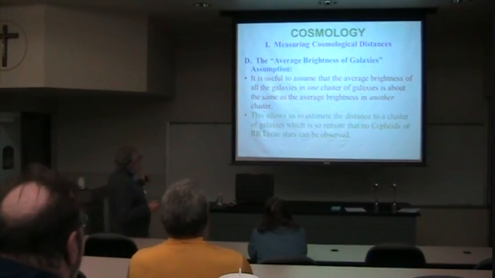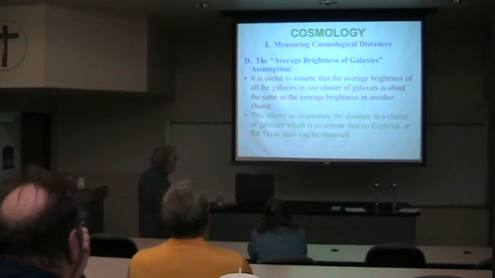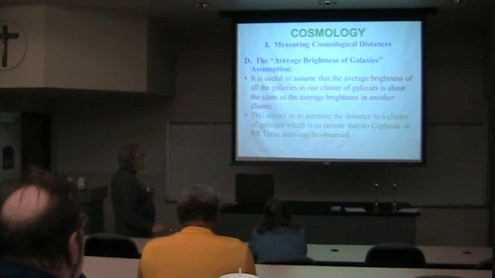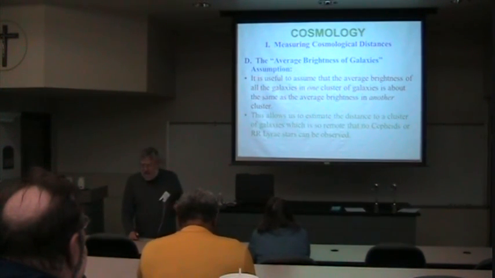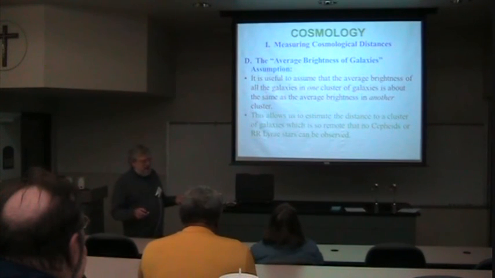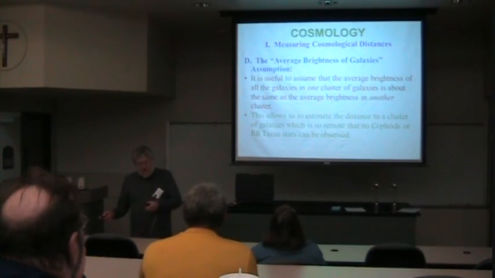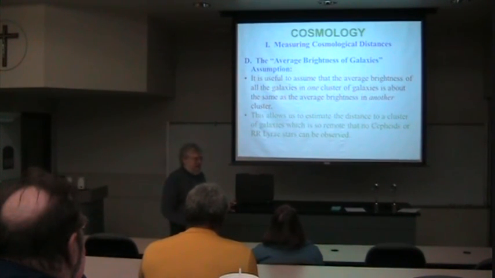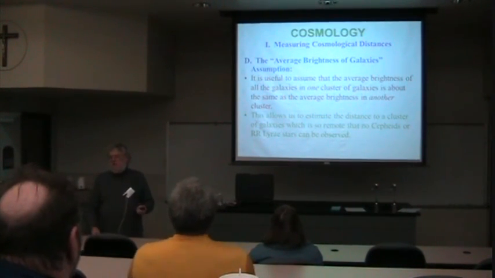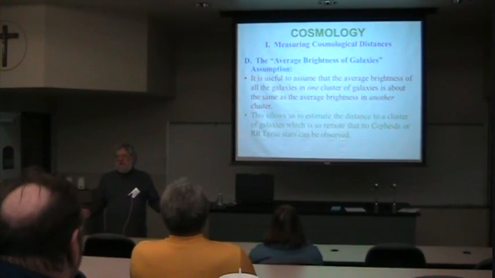Okay, here's another one that we haven't looked at, and that's the average brightness of galaxies assumption. The assumption here is made, and it's a big assumption, that if you have a cluster of galaxies and you have another cluster of galaxies, not all the galaxies are the same brightness, but if you have a diversity of different types of galaxies in each cluster, then the average brightness is probably going to be the same from one to the other.